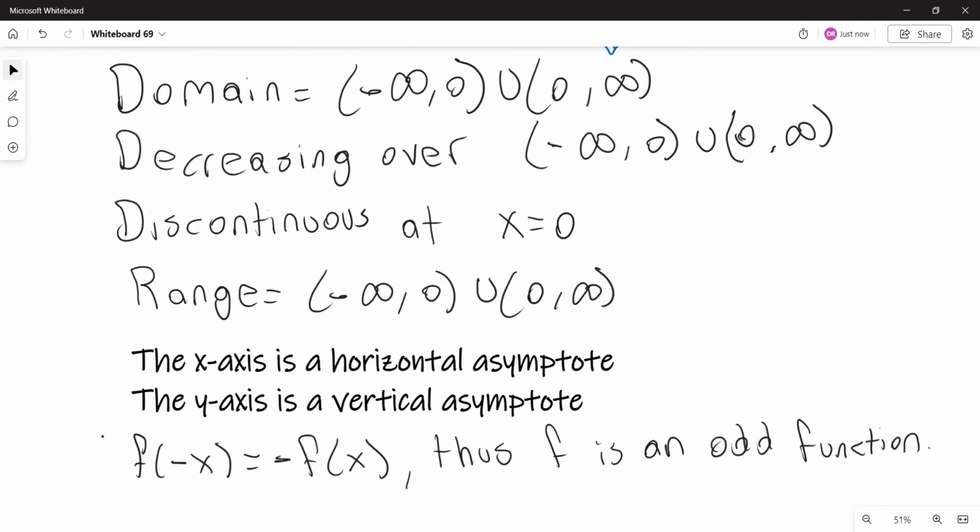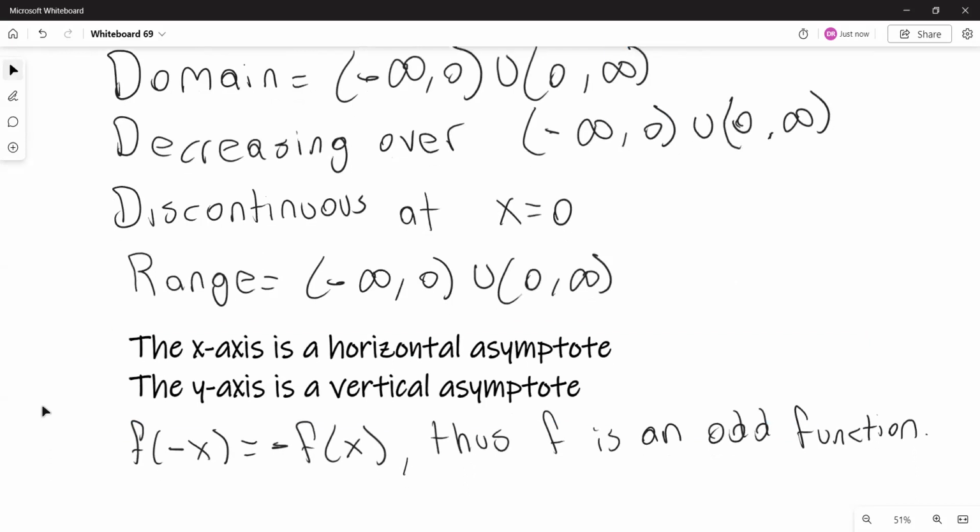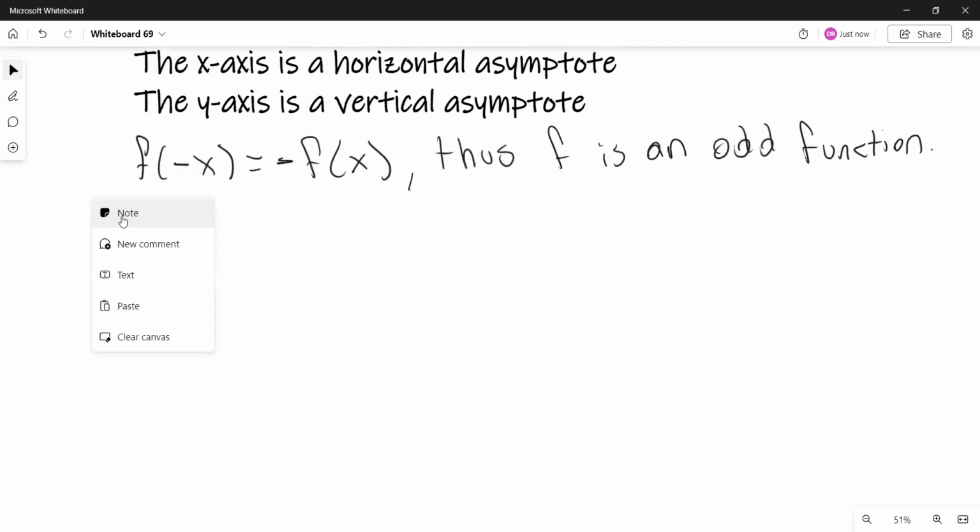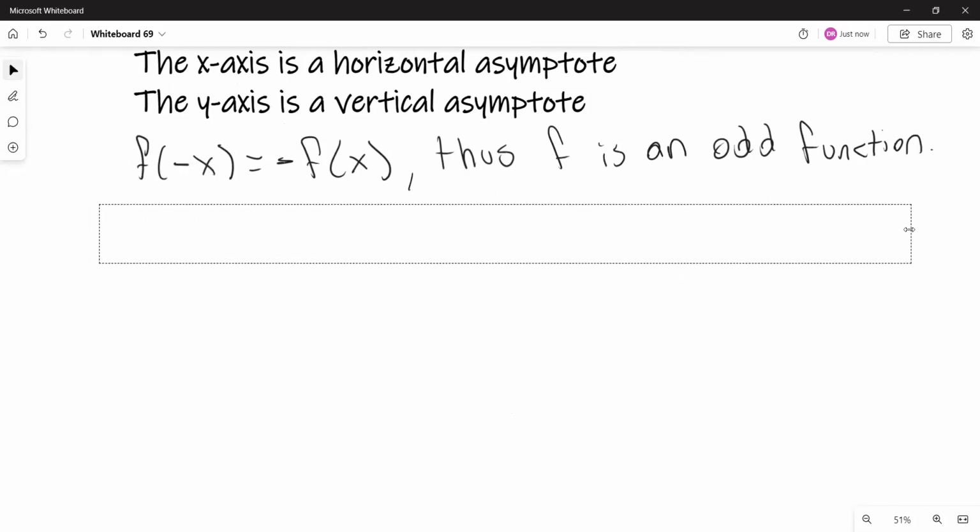Okay, so these are the characteristics of 1 over x. Now we're going to do some transformations, that is shifts, reflections, stretches, and shrinkings.